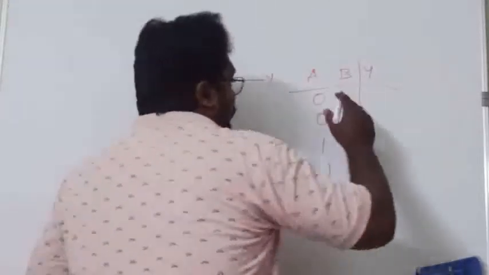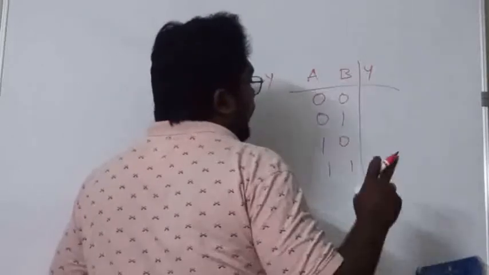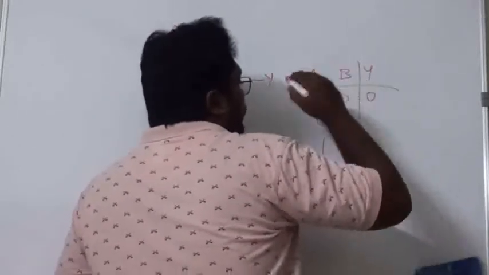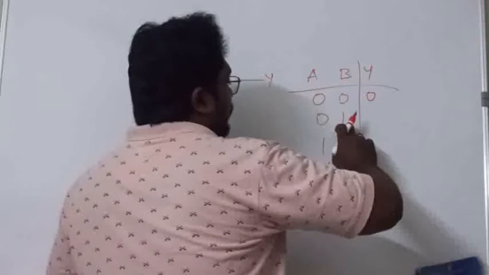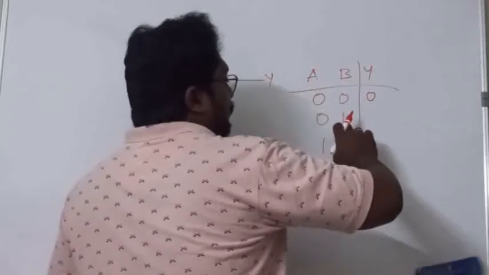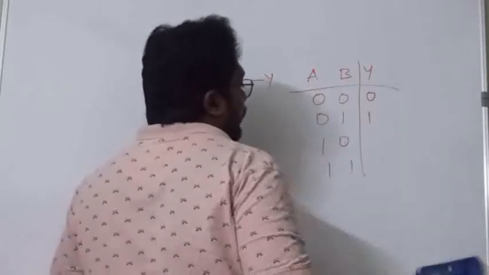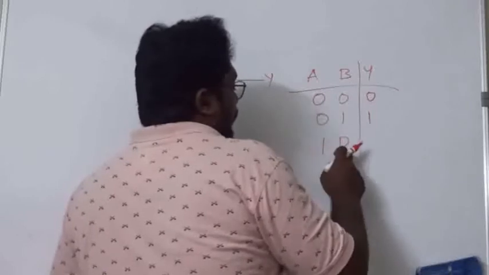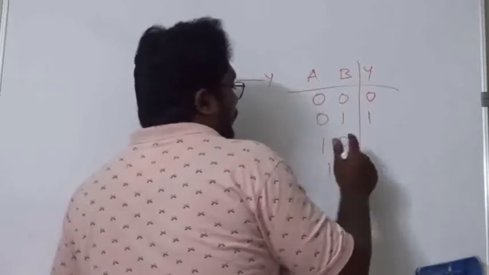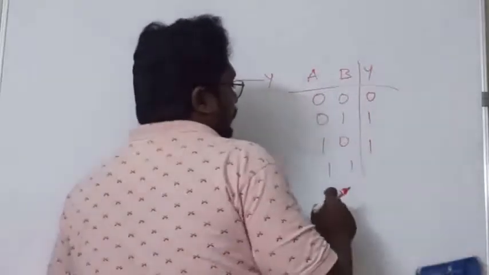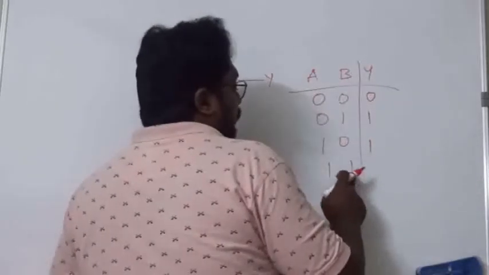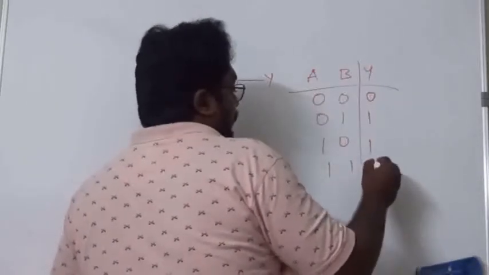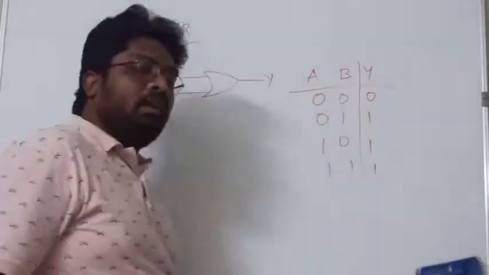So for 0 0, here I am not having any high input, so the output will be 0. For 0 1, here I am having B input as high, then the output will be high. Here also for the 1 0 condition, input A is high, so the output is 1. So again both the inputs A and B are high, the output will be 1.